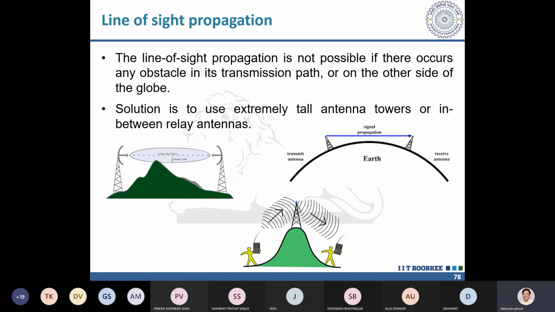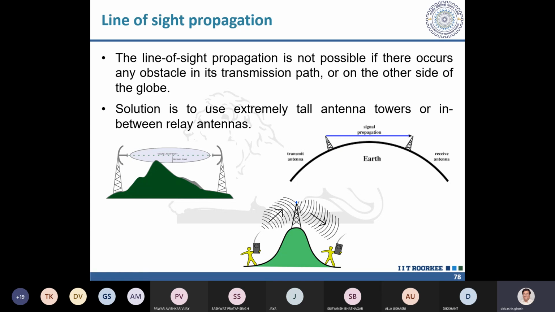If two cities or two countries are on opposite sides of the globe, line of sight propagation is not possible, because I cannot build such large towers. Obviously we can use relay stations, but I would need many relay stations in between, especially between two continents.